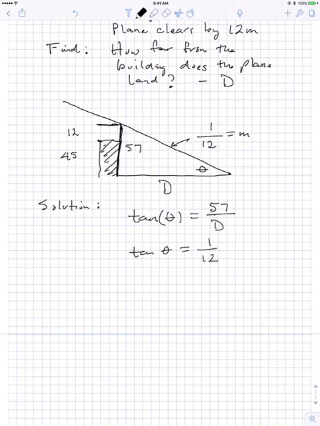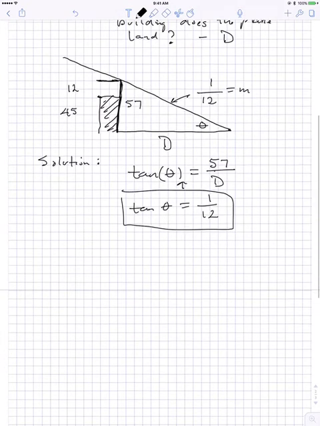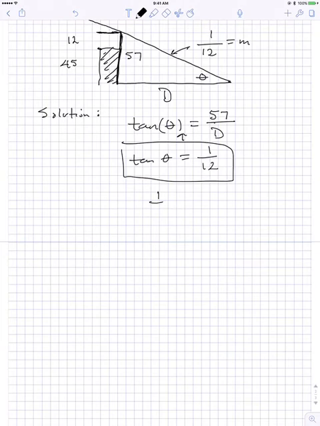So that lets us find theta. I mean, we don't need to find it because here's tangent of theta. We plug this in here, and we have that 1/12 is equal to 57 over d. We can solve for d.